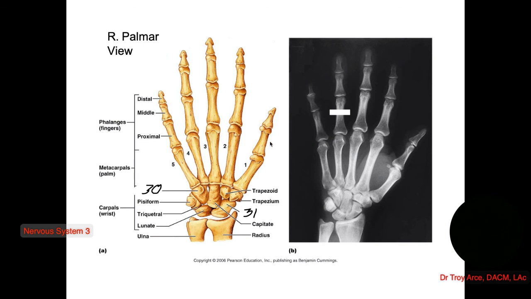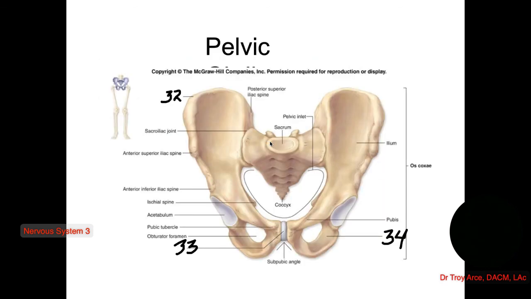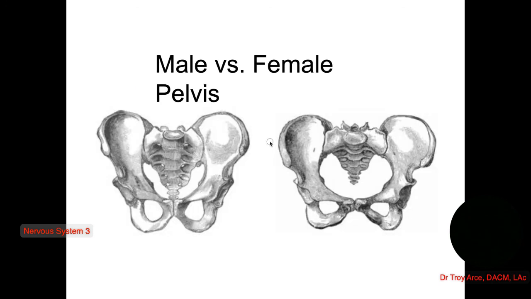We're not going to worry so much about the hand bones on this test, but for the final exam, you'll have to know both the hand bones and the foot bones. Different parts of the pelvis, certainly know that.